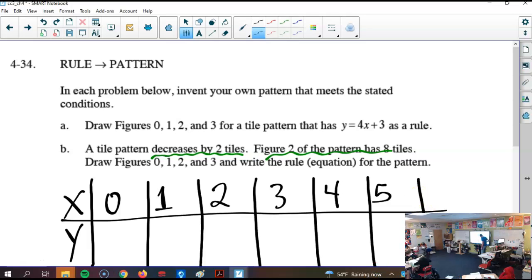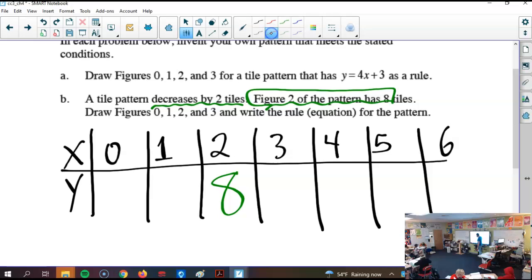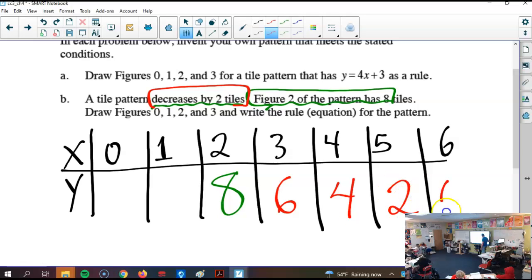Mistakes are how you learn. What can I fill in on my table? What about 2? 8 tiles. That figure 2 has 8 tiles. And what then can I fill in? Everything else. As I move forward, I decrease by 2 tiles.